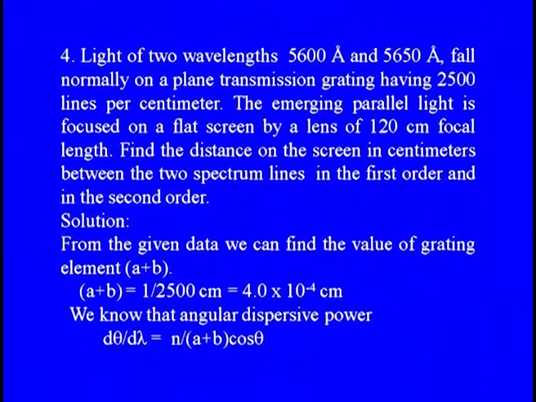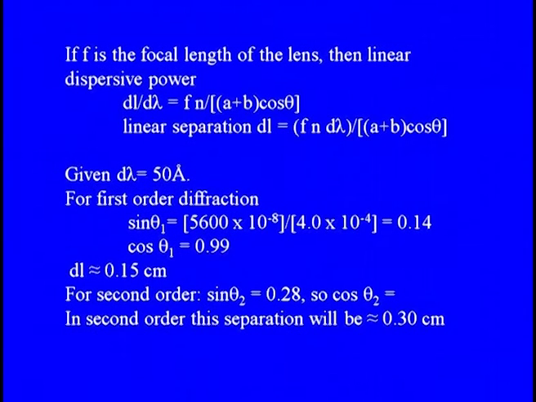We know that angular dispersive power d theta upon d lambda is equal to n divided by (A + B) cos theta. If f is the focal length of the lens, then linear dispersive power dl upon d lambda will be equal to f times n divided by (A + B) cos theta.